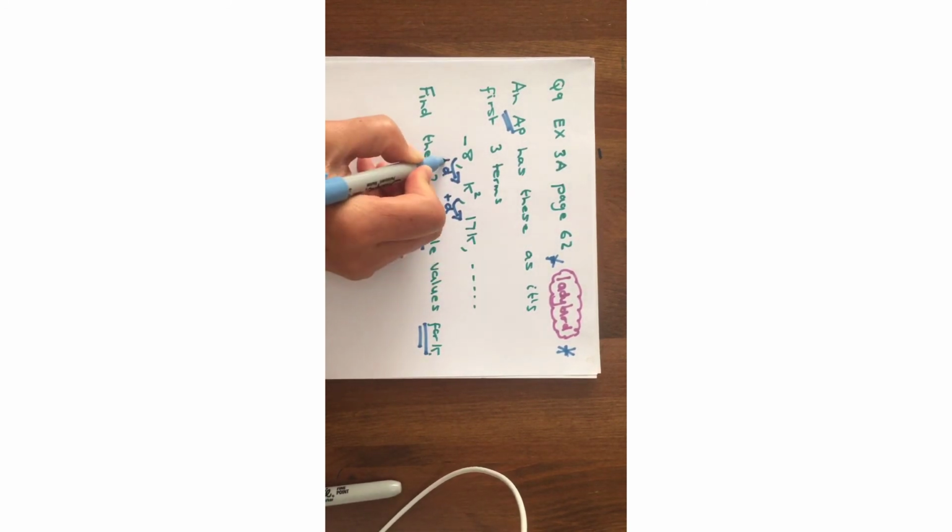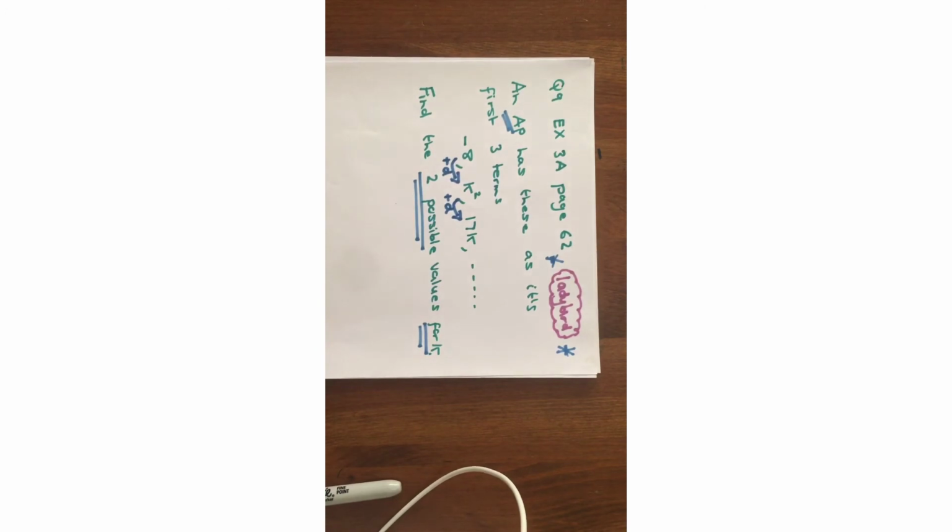That common difference is the same. So I know that if I do k squared minus negative 8, that would be exactly the same as 17k take away k squared. So the difference is going up will be the same.